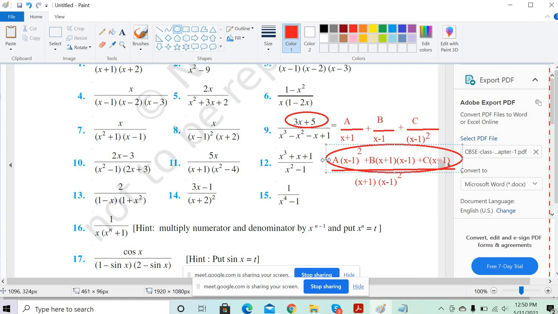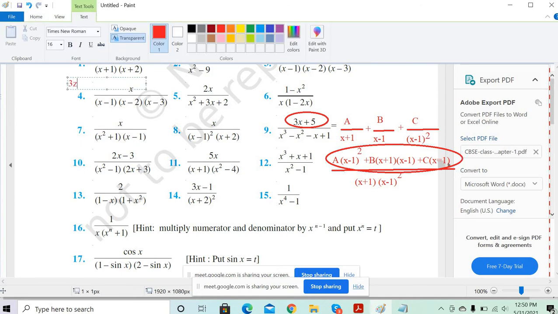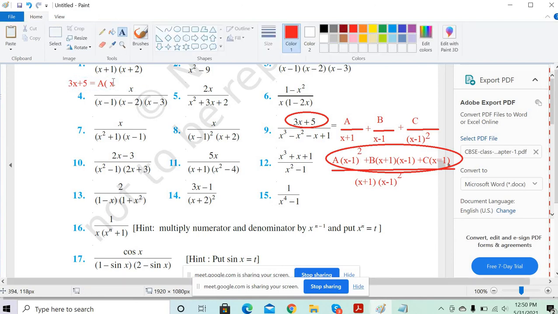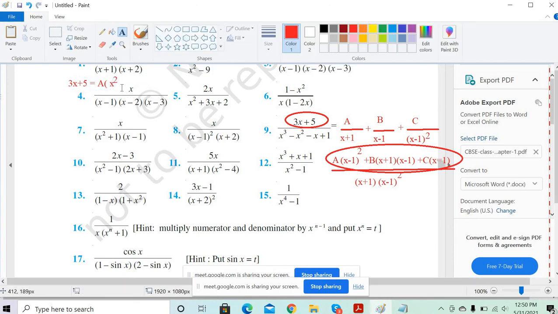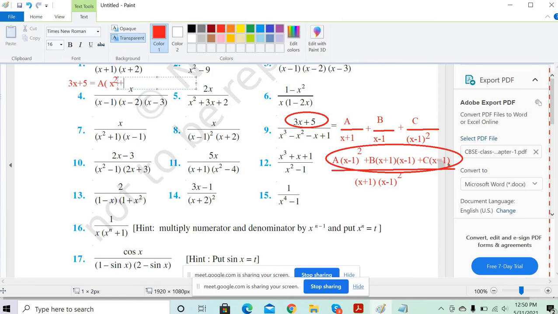Okay. So now we'll expand it, equate it now. Let's put 3x plus 5 here. 3x plus 5 will be equal to, we'll expand it now. A, X minus 1 whole square is x square plus 1 minus 2x, correct?